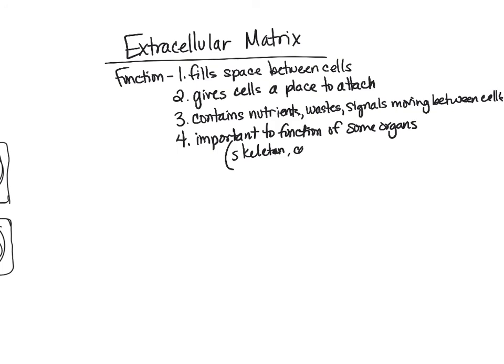Also things like cartilage. Cartilage in our nose or our ears is mostly extracellular matrix, and then we have individual cells in little tiny spaces that are kind of far from each other.